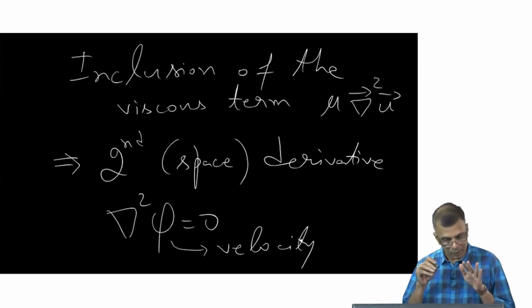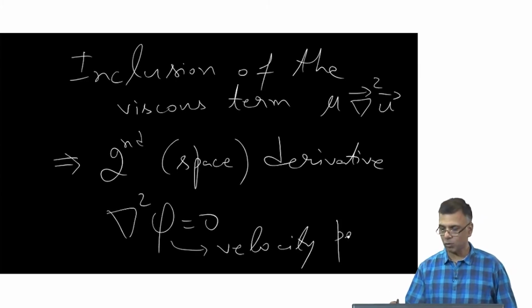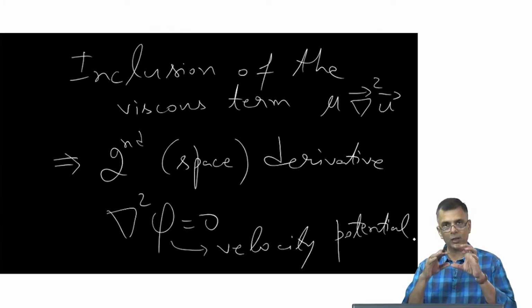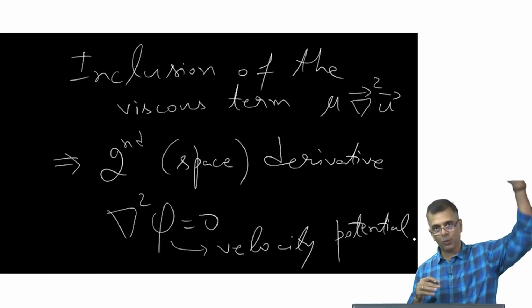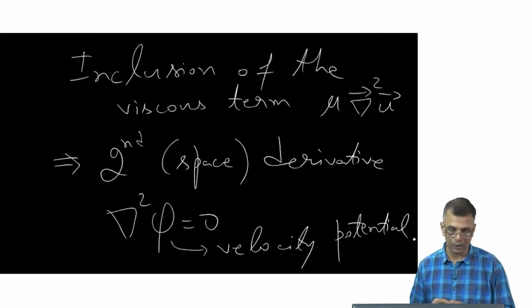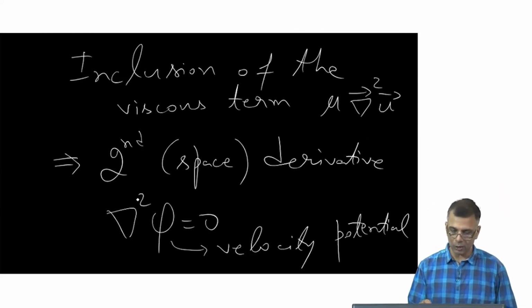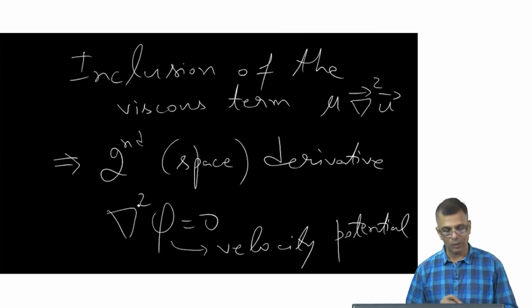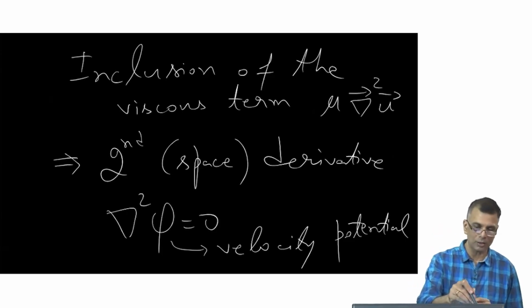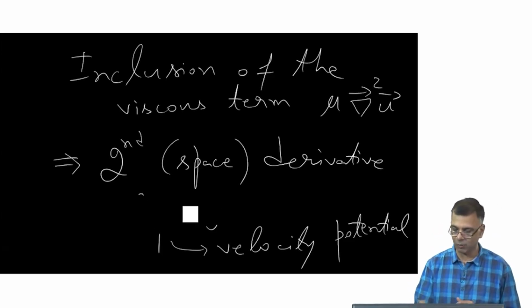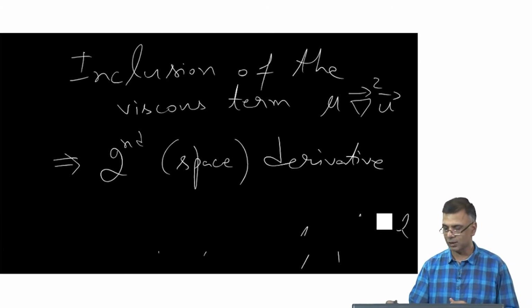Nonetheless we had two boundary conditions: one on the surface of the sphere and one at infinity. Sure enough, you need two boundary conditions because you have two derivatives.